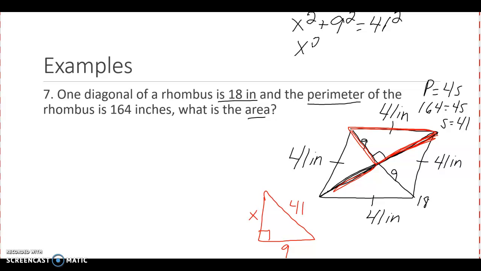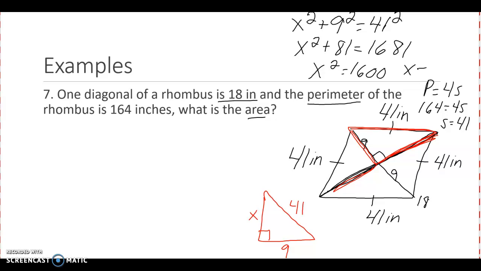So I get x squared plus 81 equals, let me just do 41 squared quick. Can't think of that off the top of my head. 1,681. So when I subtract the 81, I get x squared equaling 1,600.